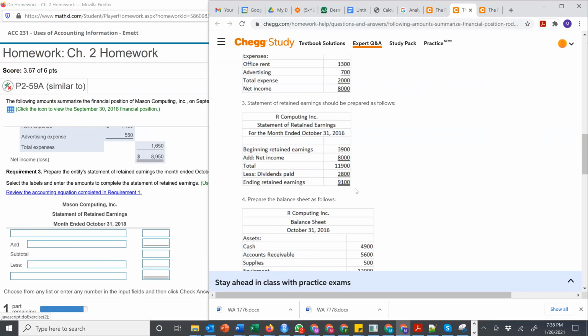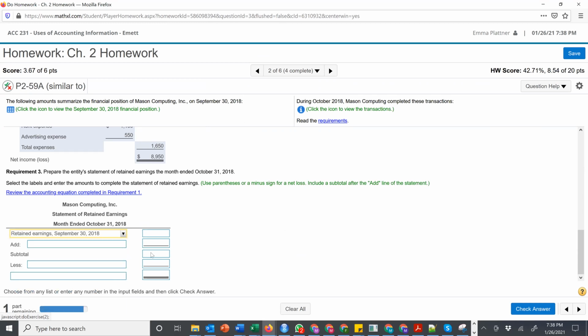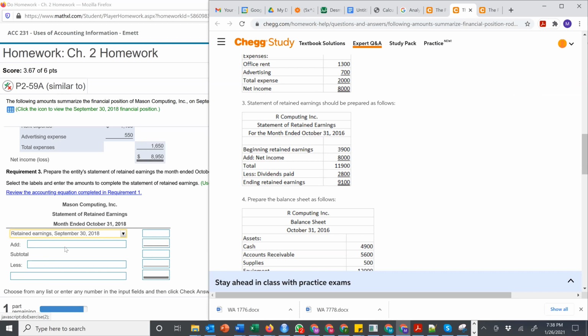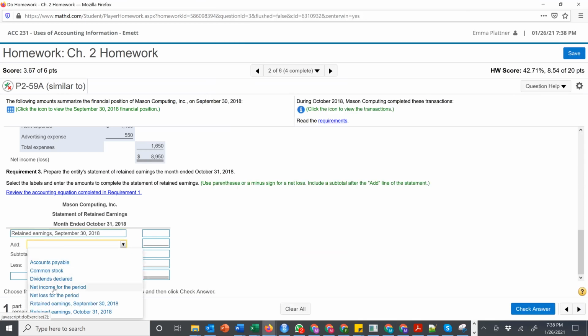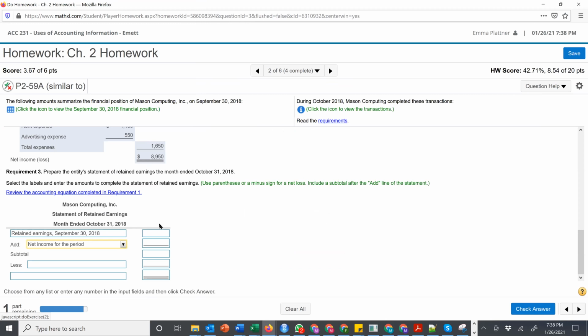But wait, there's more. Beginning retained earnings. You add net income for the period. So your net income is 8,950. If that was negative, it would be a loss.